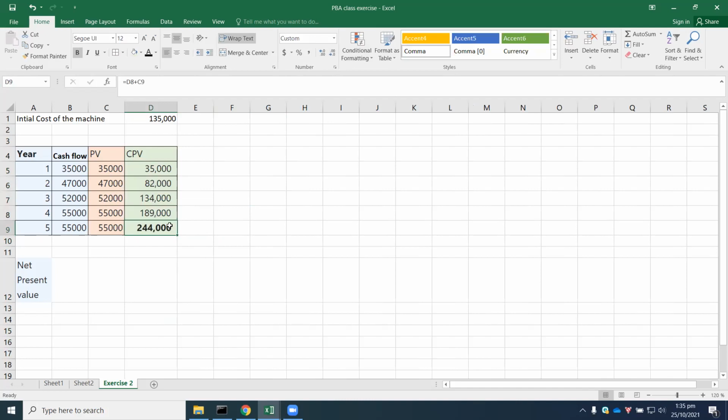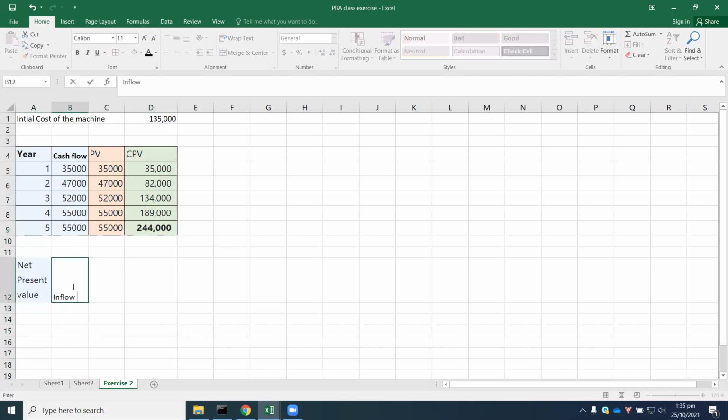So in this case, what would be your net present value? Remember, the net present value is cumulated cash inflow minus cumulated cash outflow. So we will do inflow minus outflow. You can use cumulative, or you can use total inflow minus total outflow.